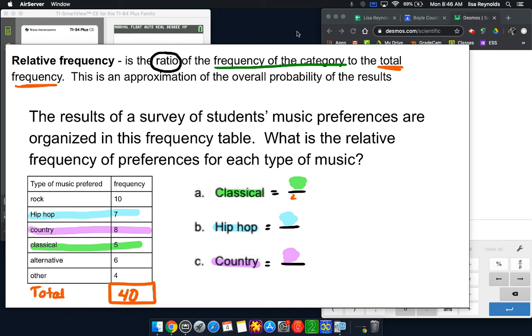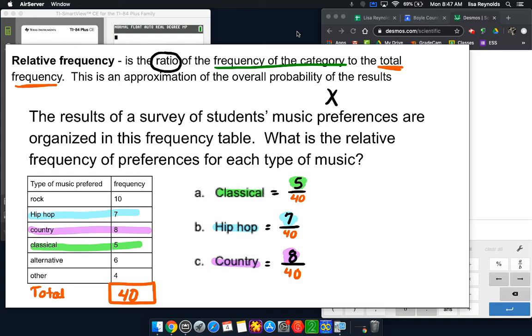So the 40 is our bottom number for each of our relative frequencies, and then we just go in and enter our frequency for each category. So classical is 5, hip hop is 7, country is 8.